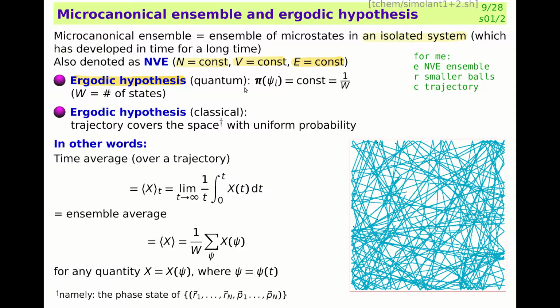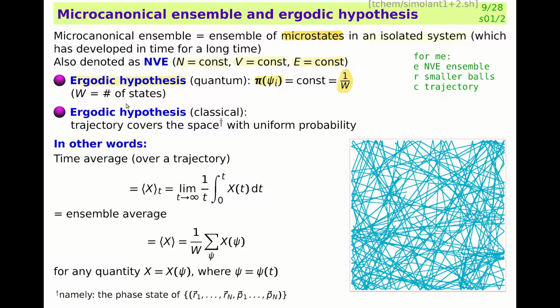In the quantum language, it says that probabilities of all states of the system are the same. Why this? It is something like democracy. I have many microstates or eigenstates of my Hamiltonian, and I cannot distinguish between them, or all of them are equal. So the best I can say is that they have the same probability in the ensemble of microstates.